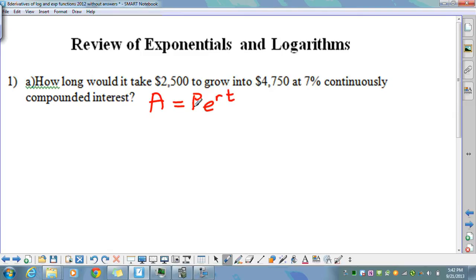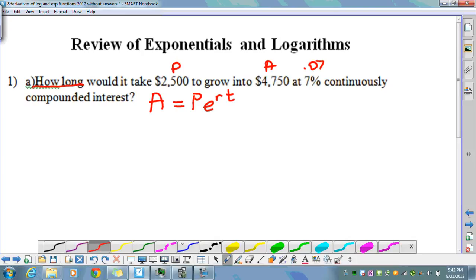Here, P is your principal, R is your interest rate, T is the time in years, and A is your accumulated value. So here, we want our investment to grow into 4750, so that's our accumulated value. The amount you're investing is P, and the interest rate in decimal form is 0.07. The only unknown is time, and they want to know how long. So we'll be able to figure that out when we solve for t.